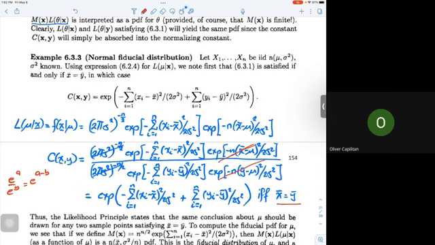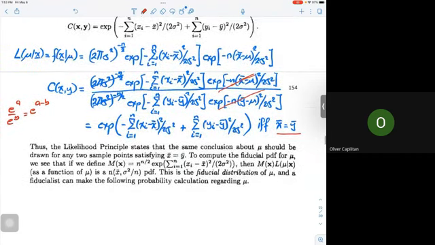That is what is written there. Using the expression 6.2.4 for our likelihood, equating it to the PDF, and then equation 6.3.1, in which the two likelihood functions are proportional, is satisfied if and only if the sample mean x bar is equal to y bar.